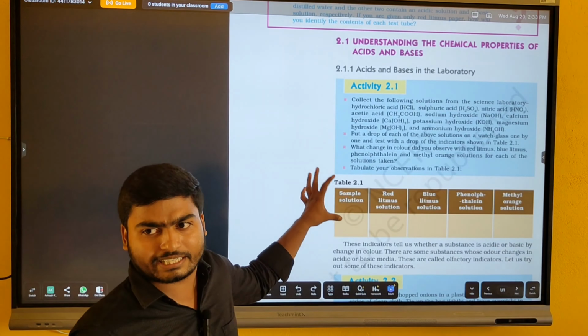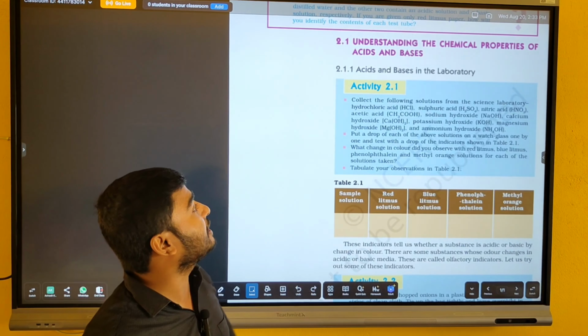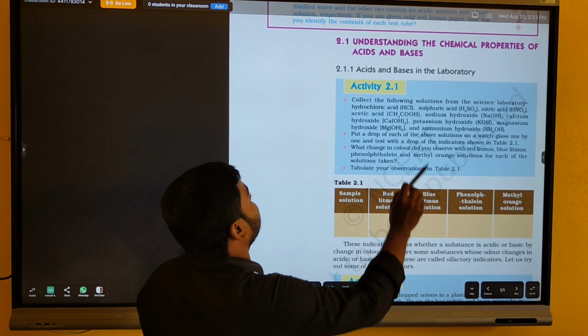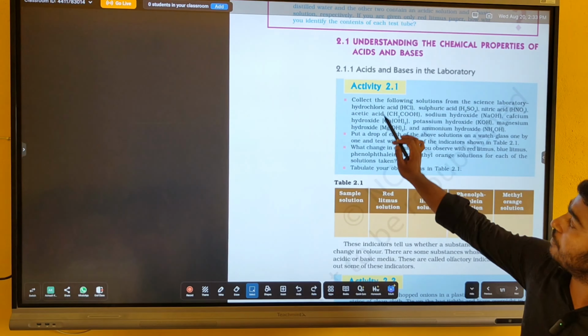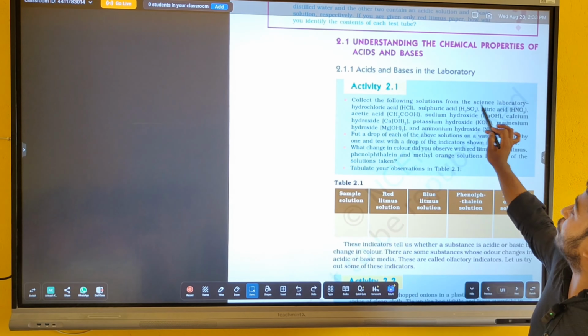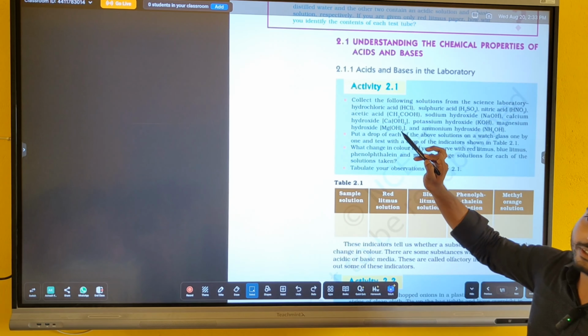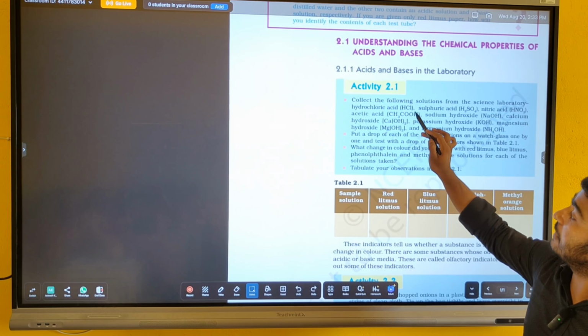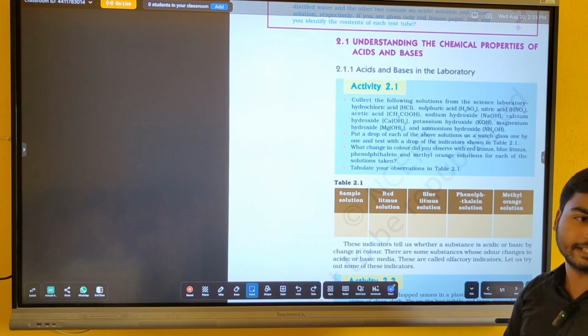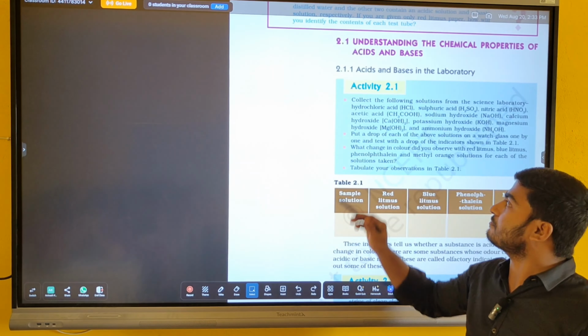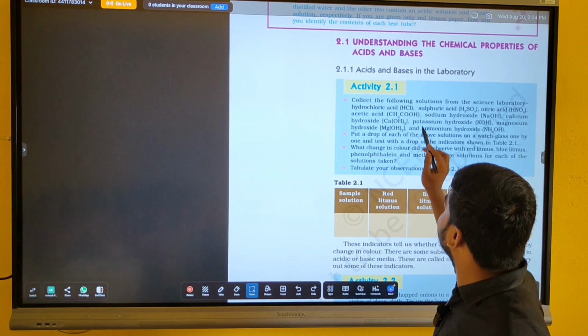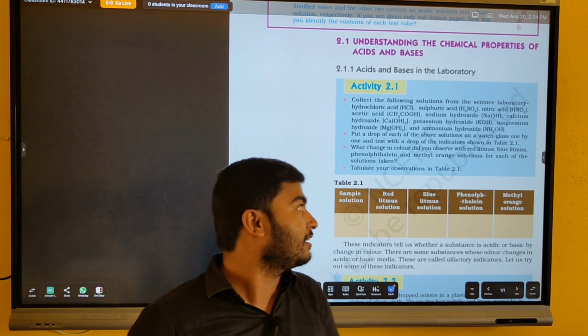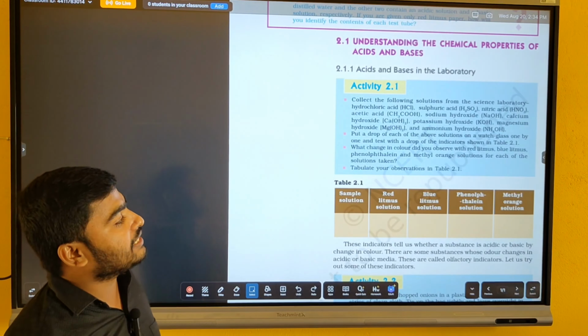We have discussed this already in our regular classes, but through this activity, first of all, we'll read what they are telling you. Activity number 2.1: first of all, collect the following solutions from the science laboratory. First one, hydrochloric acid, whose formula is HCl. Second, nitric acid, formula HNO3.